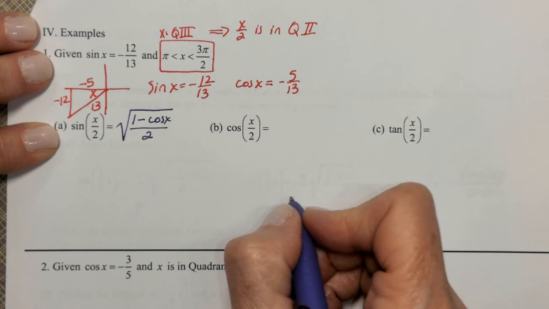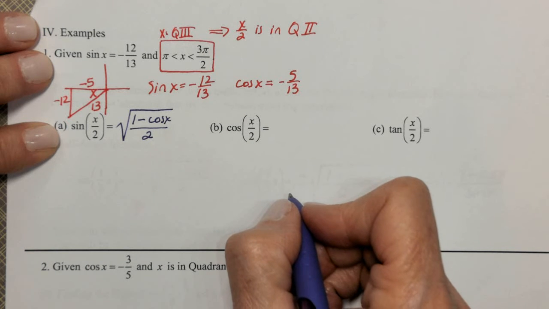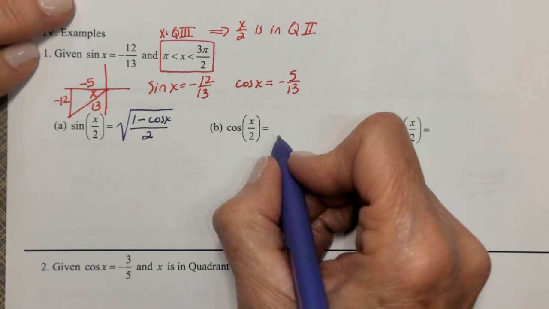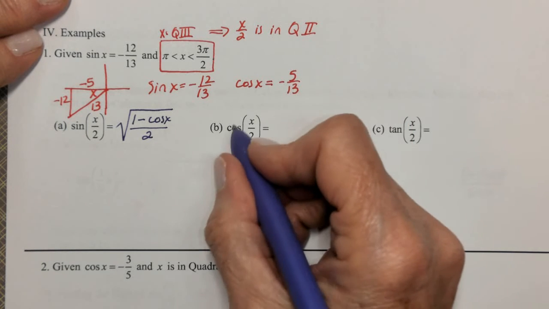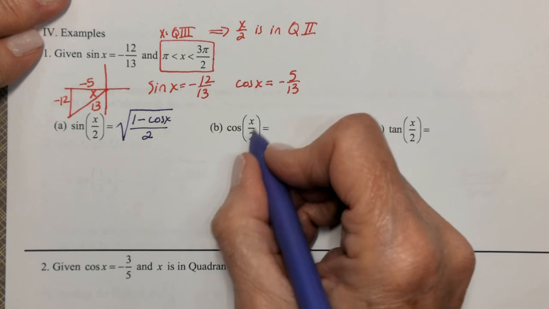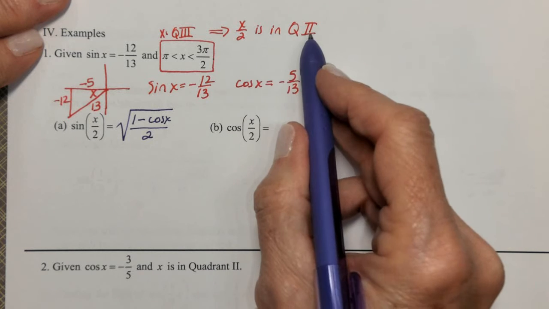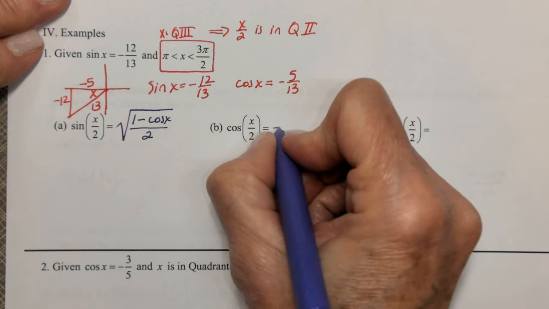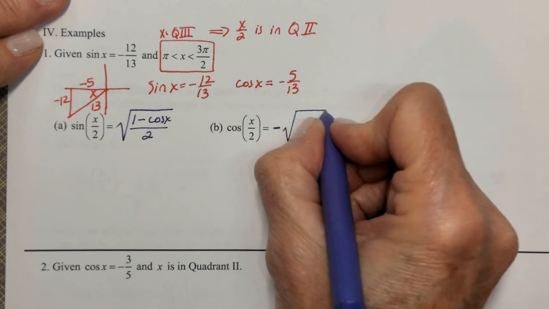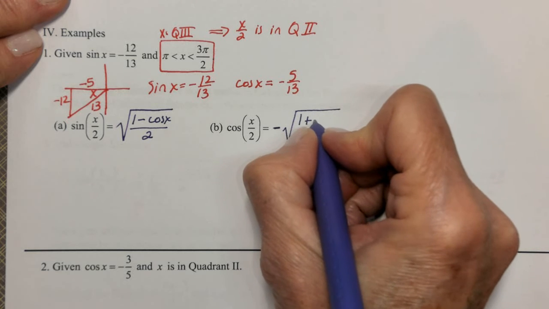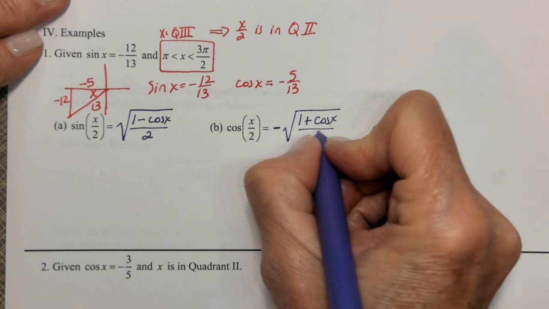Let's write the formulas first. For cosine of x over 2, since x over 2 is in quadrant 2, cosine is going to be negative: negative square root of 1 plus cosine x over 2.